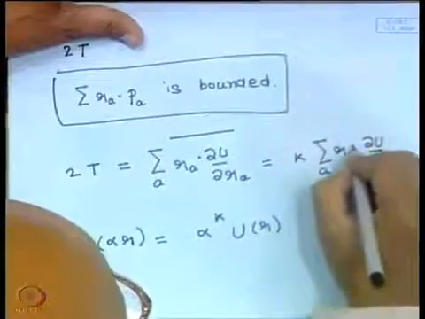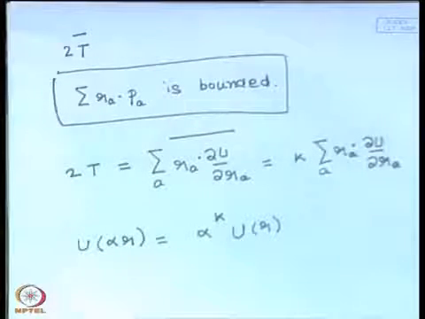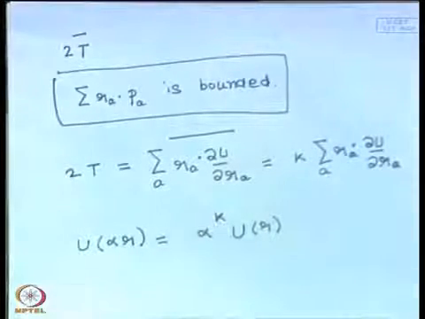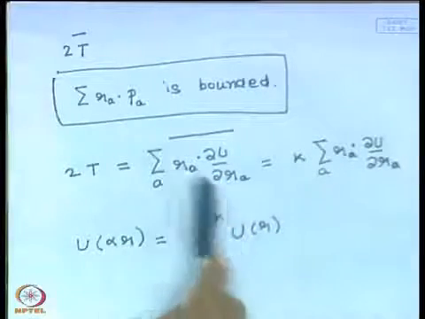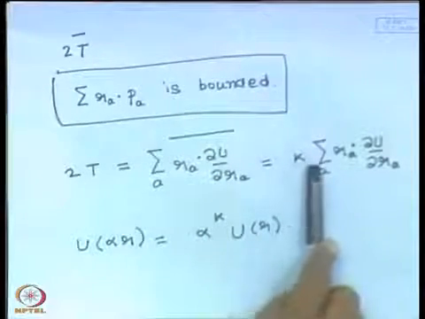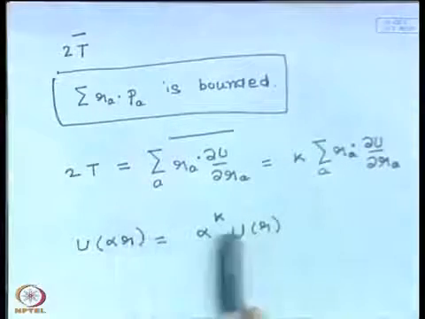You can easily verify this by taking a power law. So if U is r to the power k, then this holds, and if you differentiate it with respect to r and multiply with r again, you will just pick up a factor of k outside. Okay. So this is a homogeneous function of order k.